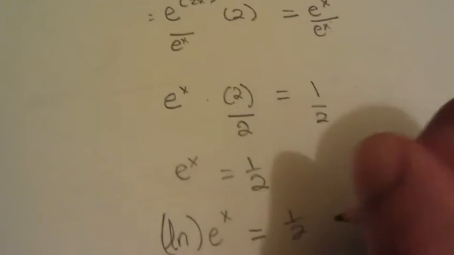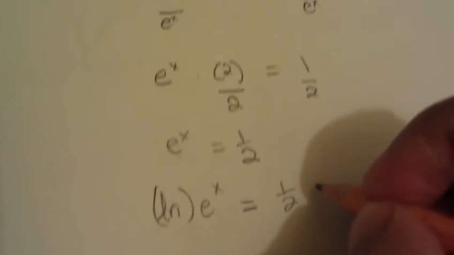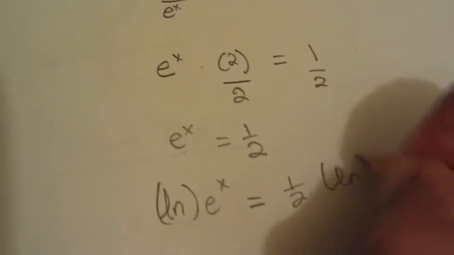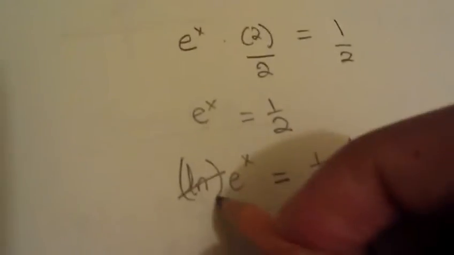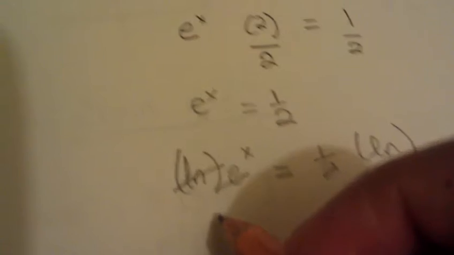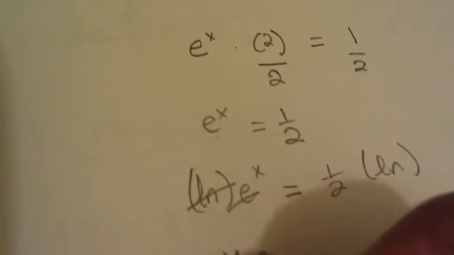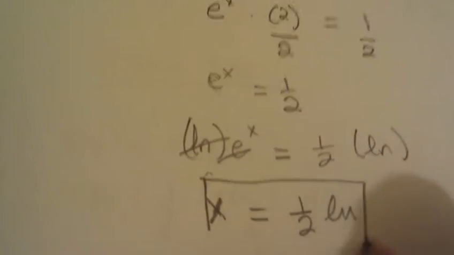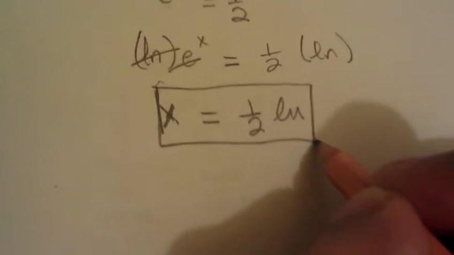And 1/2 of ln here. So whatever you do on this side, you have to do on this side, and these cancel each other out. So what you actually have is just x equals 1/2 ln. But that's just x, and now we found x, and we can use x to find y.